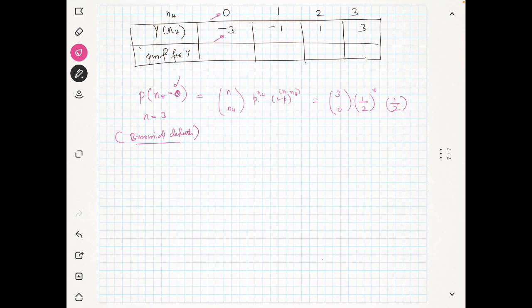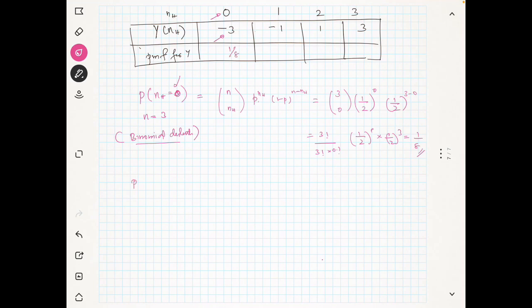That is known as the binomial distribution. So it is 3 minus 0, giving 3 factorial divided by 3 factorial into 0 factorial, into 1 by 2 to the power 0 into 1 by 2 to the power 3, which is 1 by 8.